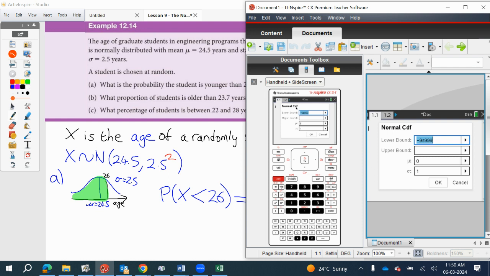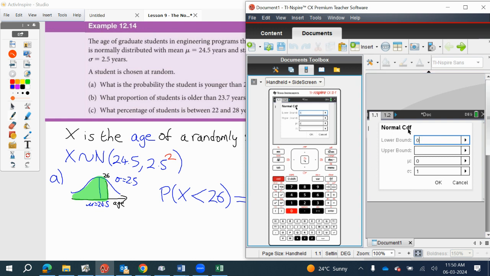So our lower bound here can be 0. With your lower and upper bounds, if you want to go beyond the end of the normal distribution curve, make it 10 standard deviations above or below the mean, or just something very big or very small. Almost all data is within 3 standard deviations, so by 5 standard deviations there's nothing left. In this case, 3 standard deviations below the mean is around 17 years old, so 0 or 17 as the lower bound will create exactly the same answer.